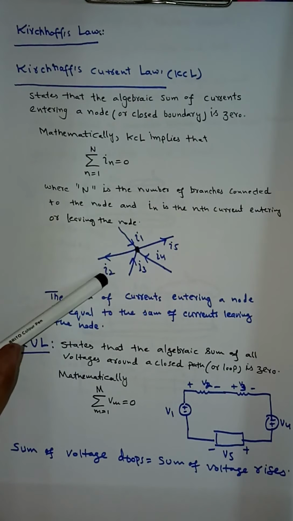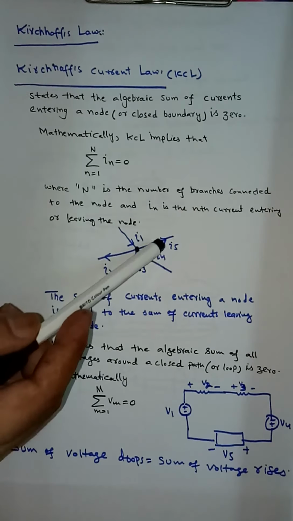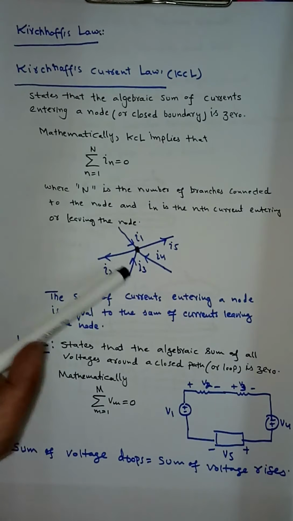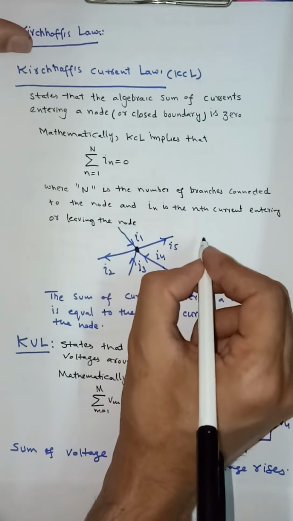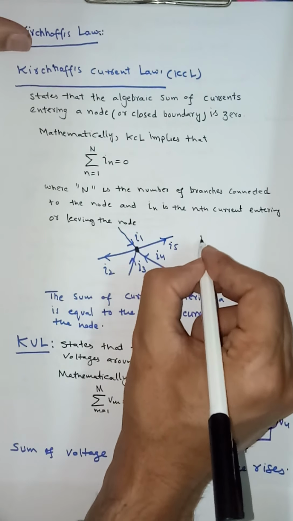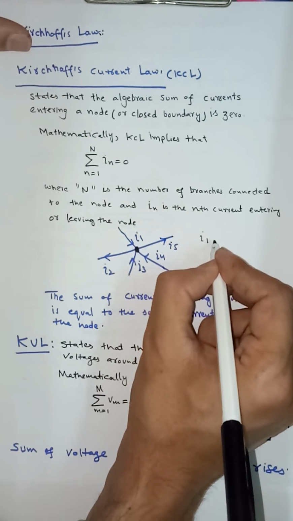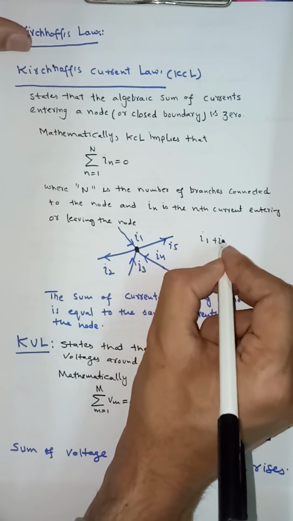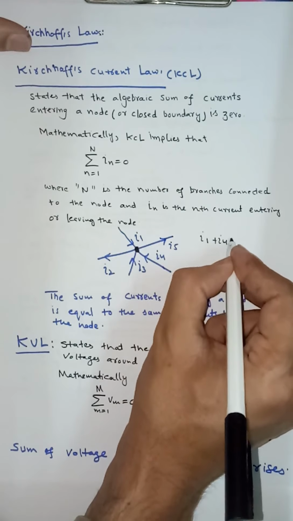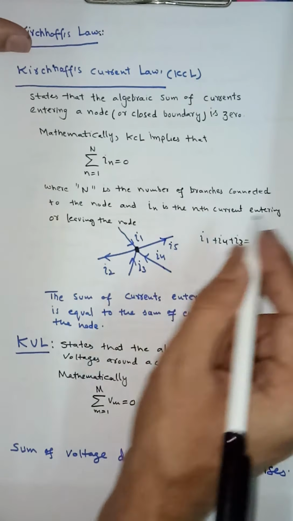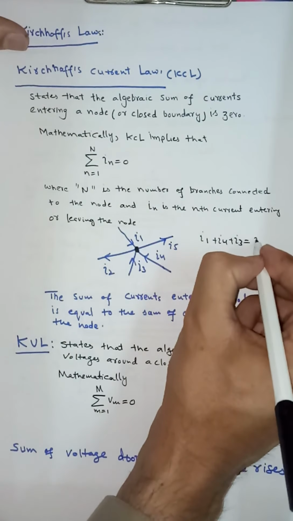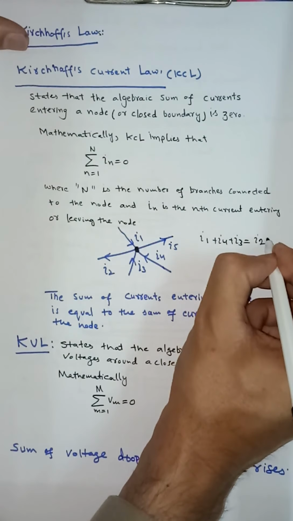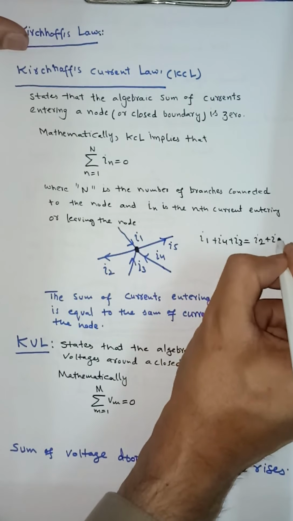So we have I2 that is leaving, I5 is leaving, and I4, I3 and I1 are entering. So we can write that I1 plus I4 plus I3, the currents that are entering, equal I2 plus I5.